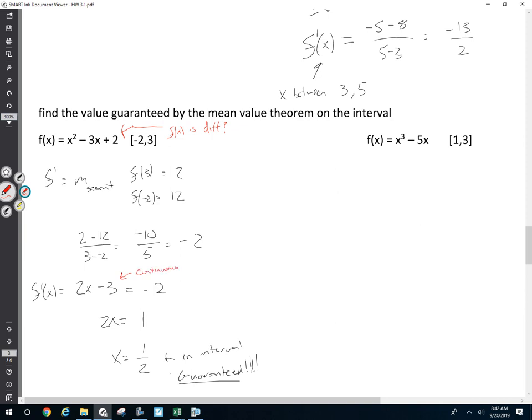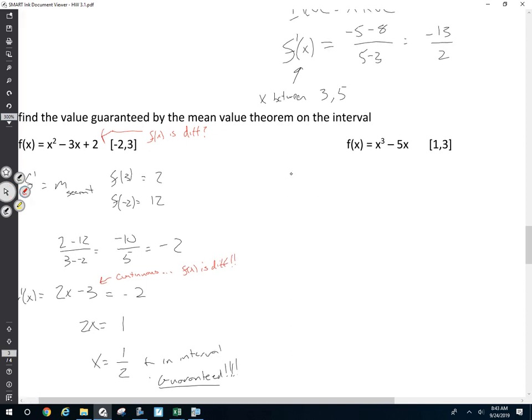Since the derivative is continuous, there exists a derivative everywhere. Since I can plug in any x into f prime, there is a tangent slope for every single value of f of x. So since the derivative is continuous, the function is differentiable.